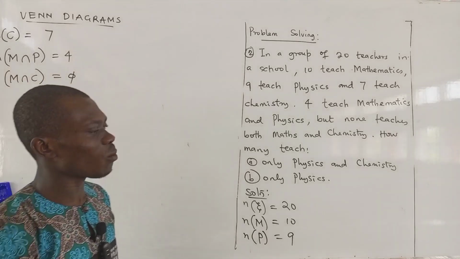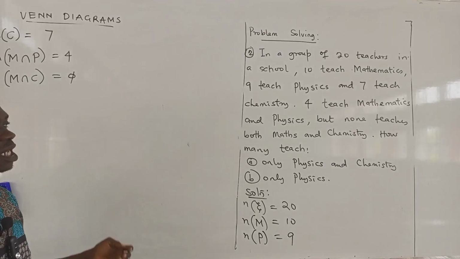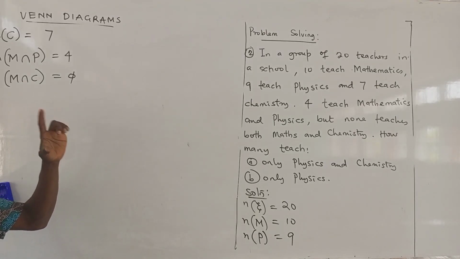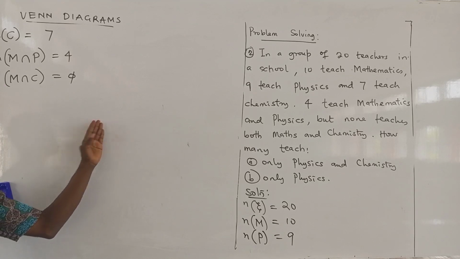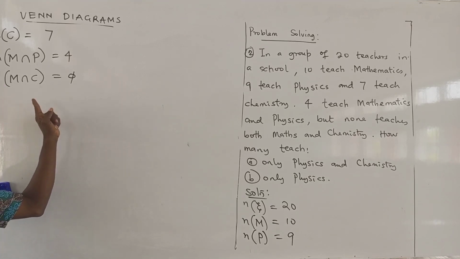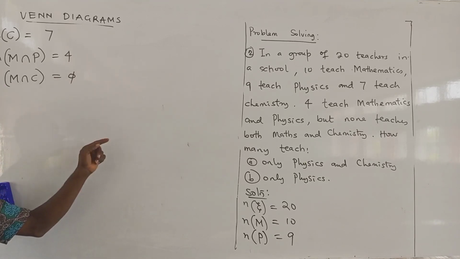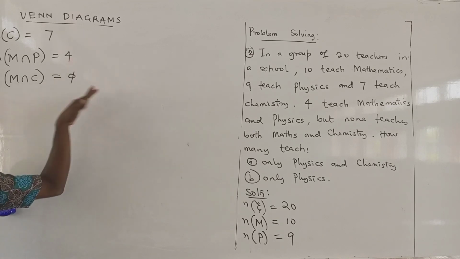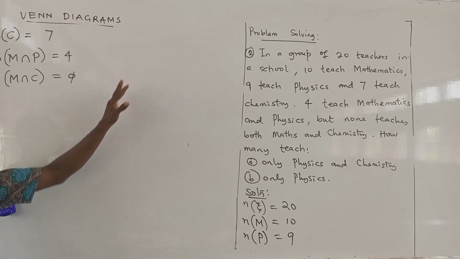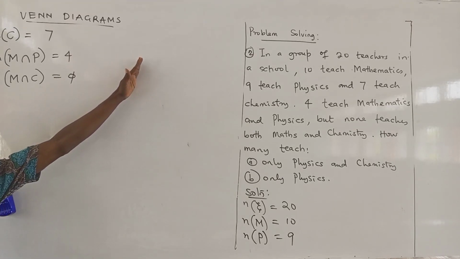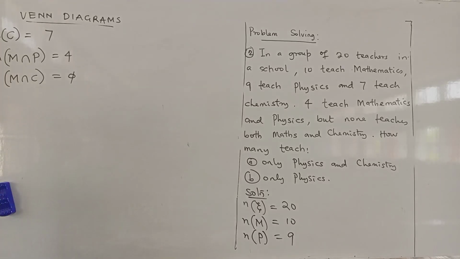And so, what does that really tell us? It's telling us that if nobody is teaching maths and chemistry, it then means that nobody is going to take the 3 subjects. That means the intersection of the 3 subjects is going to be empty. And that's going to help us in representing this information on our Venn diagram.